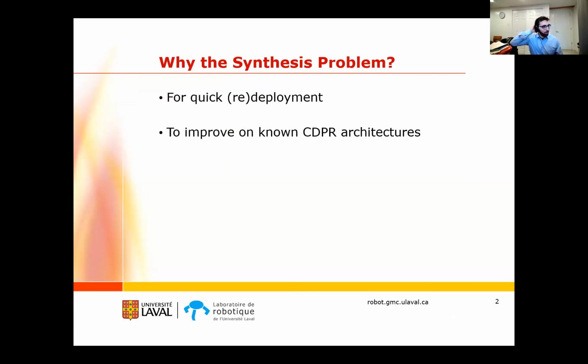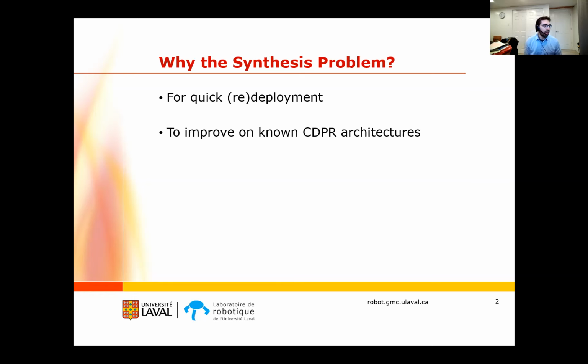So why talk about the synthesis problem? I think we mentioned in previous talks that one of the key advantages of cable robots is that they are capable of redeploying or reconfiguring quickly. So choosing quickly the right geometry would be critical in that case. And also, I think it could be useful to improve on architectures that we know, like Kojiro or the Ipanema or the cable robots that we've seen in the literature before.